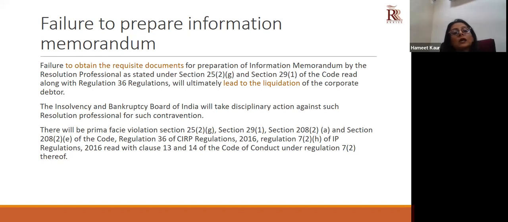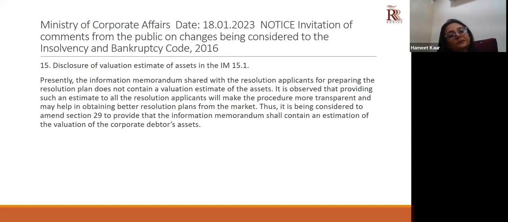There will be prima facie violation of section 25(2)(g), 29(1), 208(2)(a) and section 208(2)(e) of the code, regulation 36 of the CIRP regulations, regulation 7(2)(h) of the IP regulations, read with clauses 13 and 14 of the code of conduct under regulation 7 sub-regulation 2 of the IP regulations.